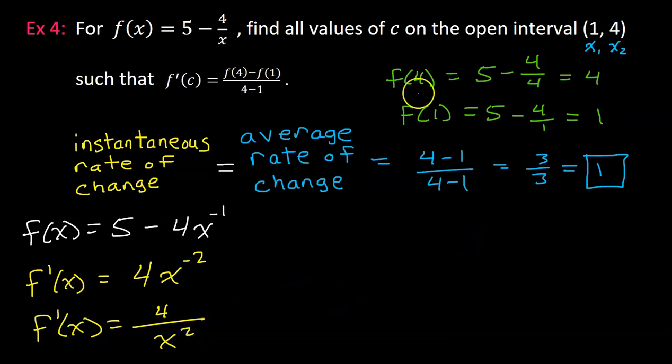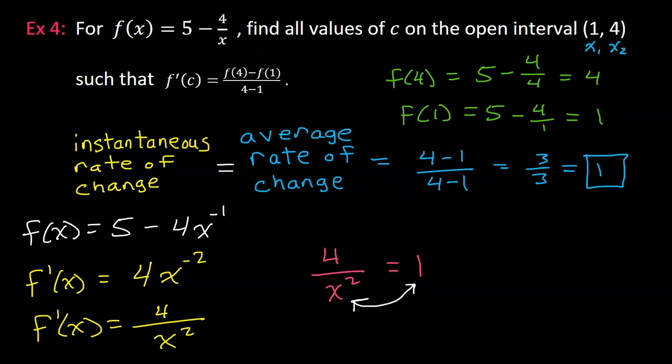So we need to find all values of c where this derivative is equal to 1. And according to the mean value theorem, there should be at least one of these values. So we're just going to set these equal to each other and see what happens. So 4 over x squared is equal to 1. We've learned a shortcut. When you have a fraction equal to a number, you can always swap the denominator and the number that's by itself.